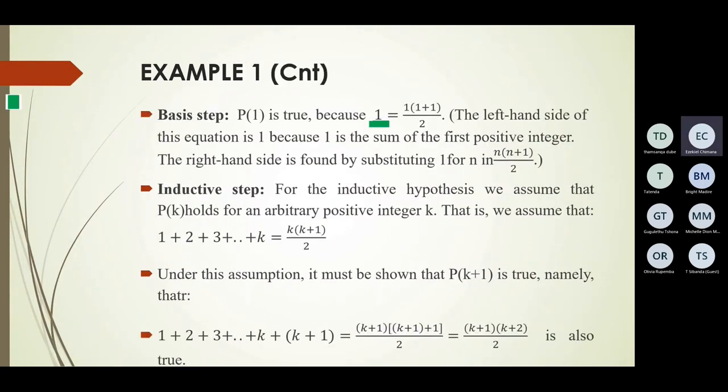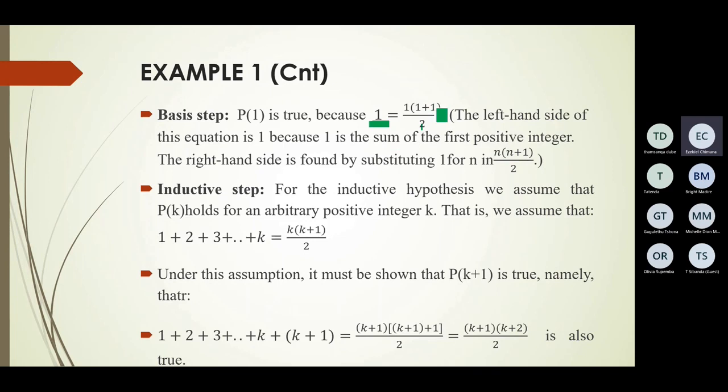That's P of 1. So we get 1 is equal to (1 times (1 plus 1)) over 2, which will always give us what? A 1, because here it's 2 over 2, which is equal to 1.